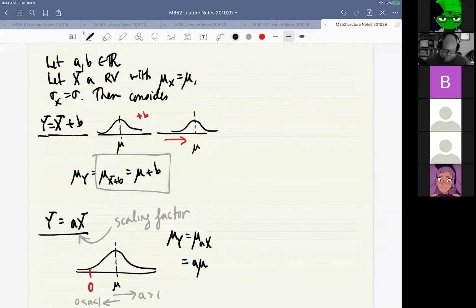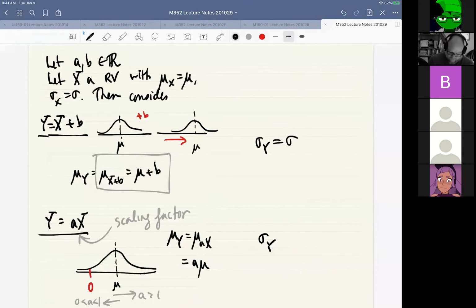Now, what about the standard deviations of these? So go back to the first case. What's the standard deviation? Oh, that's a sigma. What's the standard deviation of Y? Well, if I've just shifted my distribution up by B, I haven't changed the spread at all. So the standard deviation is going to be the same. Whereas down here in the scalar case, if I'm multiplying all my elements in my distribution by a scalar A, that's going to affect the spread.